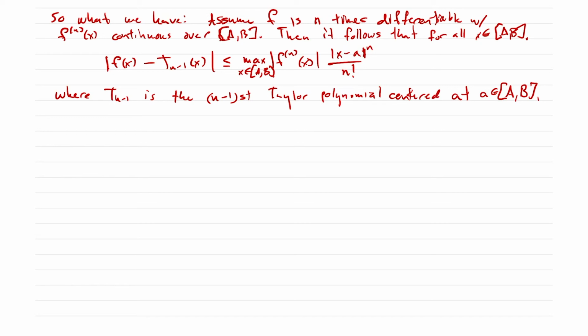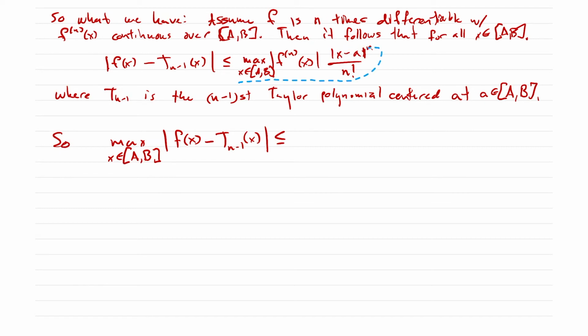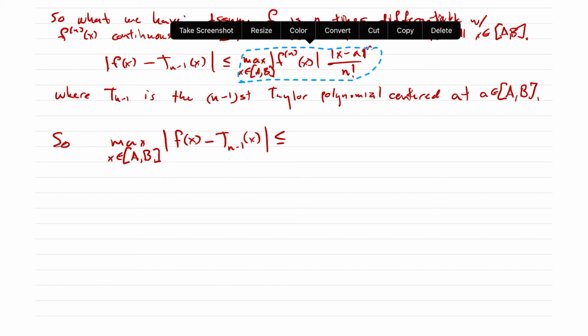So basically this gives us a bound for all x in that interval, and so what we can say is that the uniform distance, so we'll say the supremum, or say the maximum, for x in [a,b] of the absolute value of f(x) minus T_{n-1}(x) is less than or equal to this quantity here.